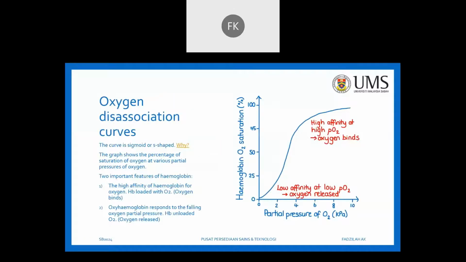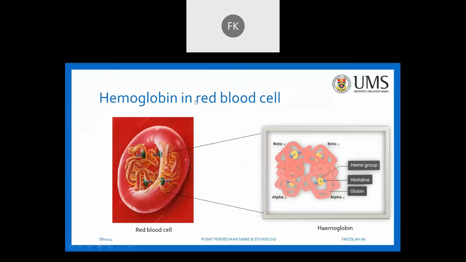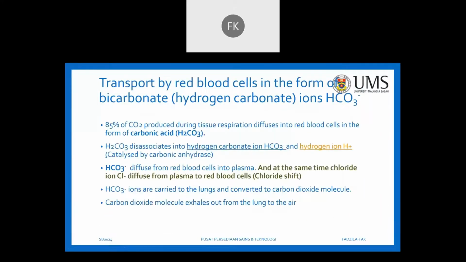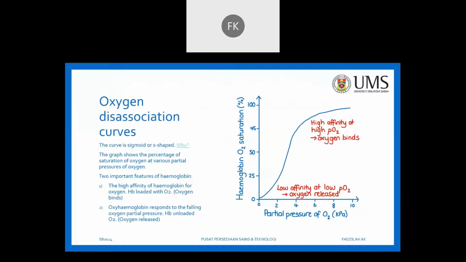Okay. Oxygen dissociation curve. The curve is sigmoid or S-shaped. Okay, why? Because of this transport of oxygen. The graph shows the percentage of saturation of oxygen at various partial pressures of oxygen.